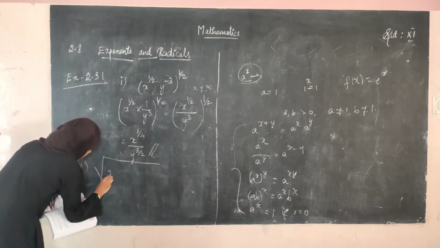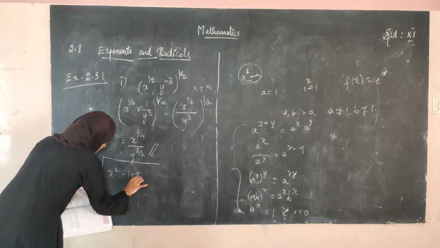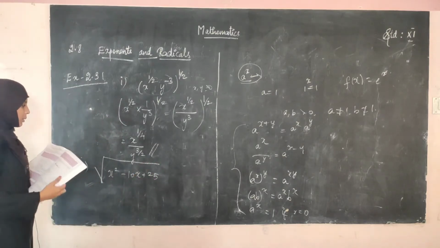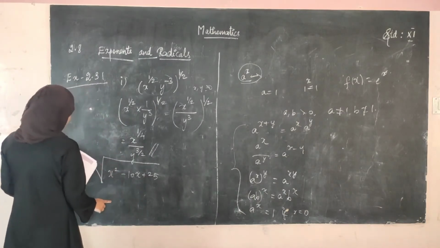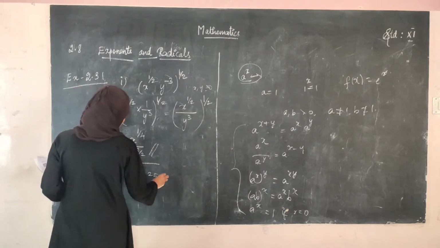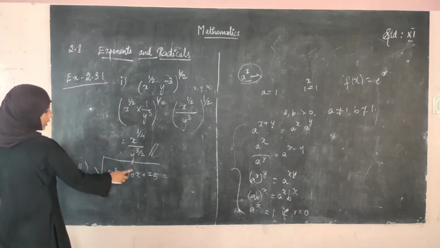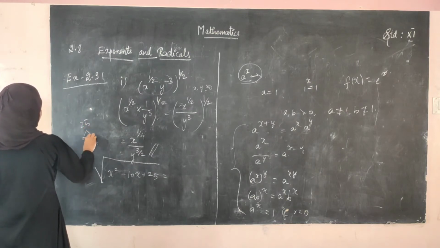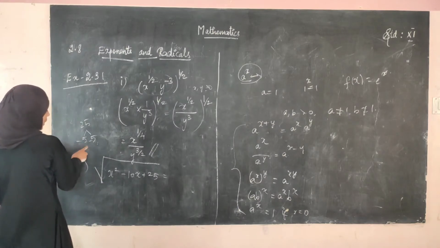Simplify the square root of x power 2 minus 10x plus 25. See here, let us take this. This can be just the square root, right? So how can we factorize this? 25 is 5 into 5, minus into minus, so minus into minus is plus, and while adding this we get minus 10.